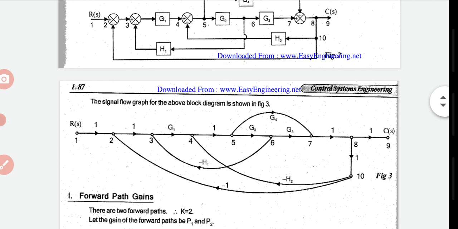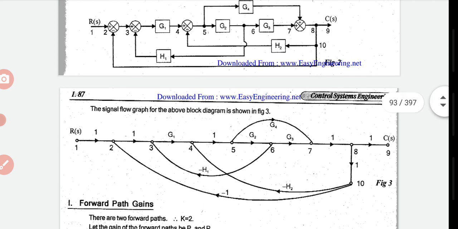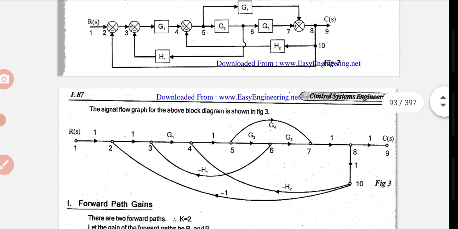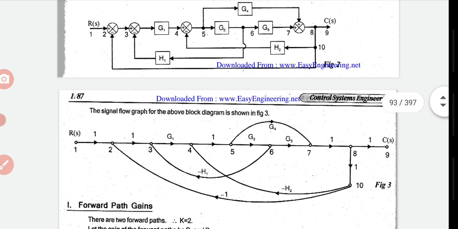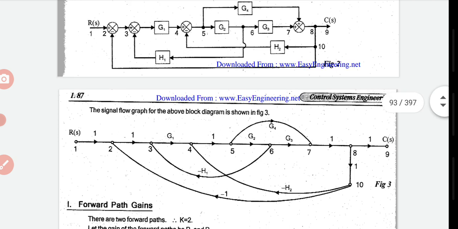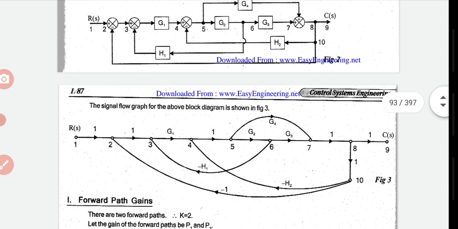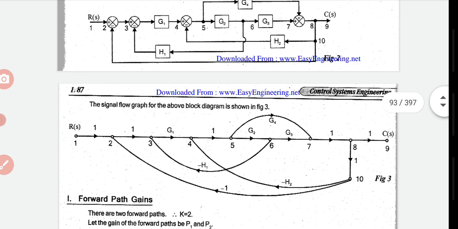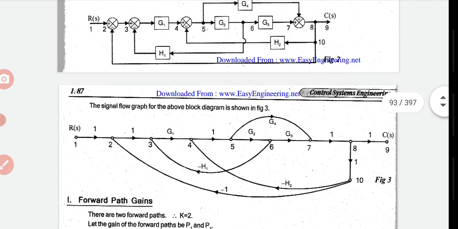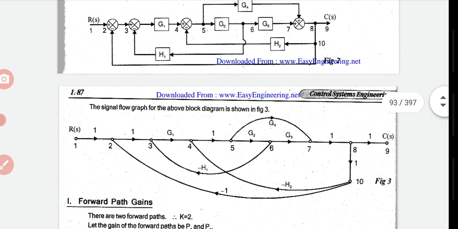After that represent all the feedback paths. From the 10th node to the 4th node you have the gain value H2, but you have to represent the sign also. It is connected to minus in the summing point, so represent the gain value as minus H2.